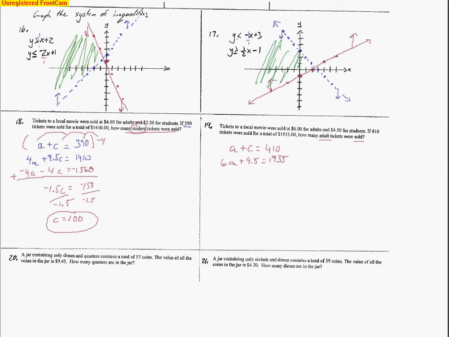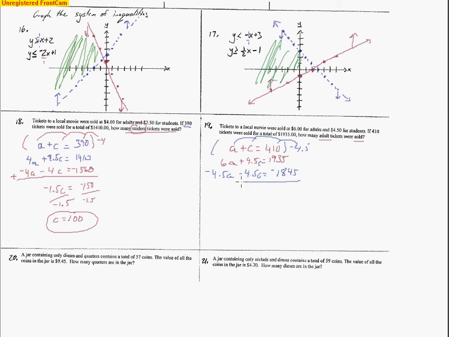So what we're going to end up doing is solving for A. So I don't want to cancel out A this time. I want to cancel out C. So I'm going to multiply by negative 4.5. So each number there: negative 4.5A minus 4.5C equals, this ends up making negative 1,845.